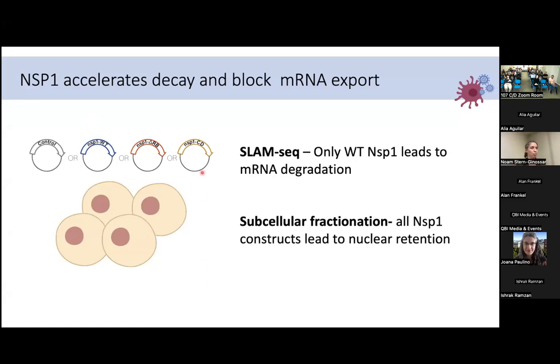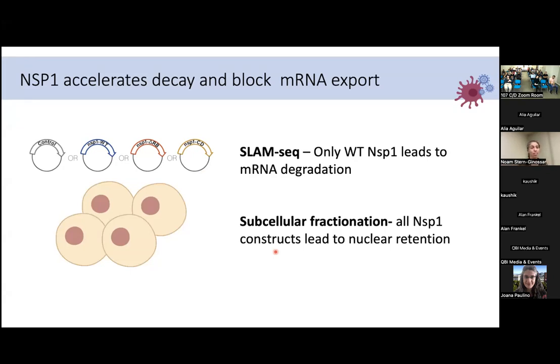And this was a really important result because it was really hard to understand if there is a nuclear mRNA export block, or is this just a consequence of the degradation that will reduce the amount of cytosolic RNA. And this experiment actually proved that NSP1 indeed has the ability to block mRNA export, and it seems to be independent of its ribosome activity and degradation activity.